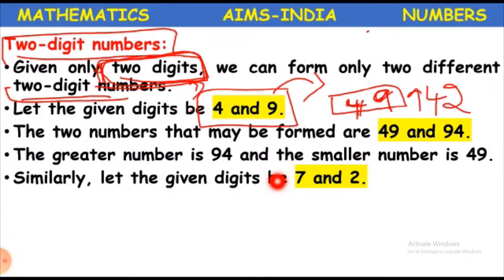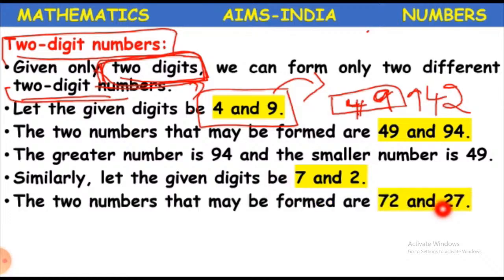The 2 numbers that may be formed are 7 in the first place and 2 in the second place, or 2 in the first place and 7 in the second place. So the numbers are 72 and 27. Clear? 72 is the greater number and 27 is the smaller number. Understood? We have formed 2-digit numbers from given 2 digits.